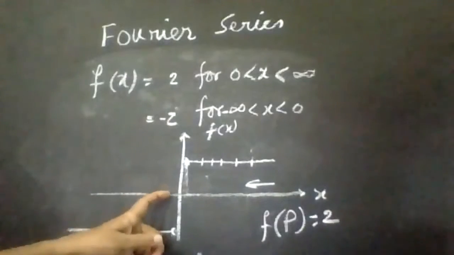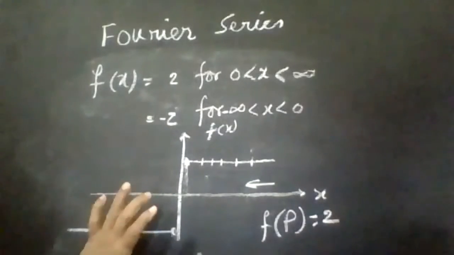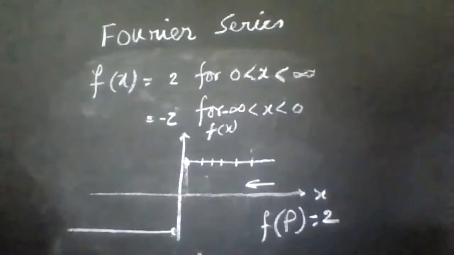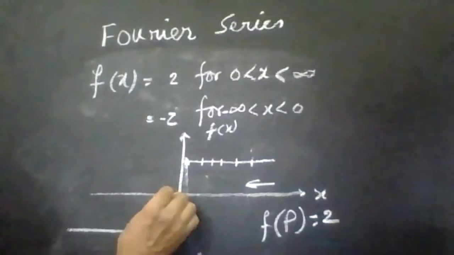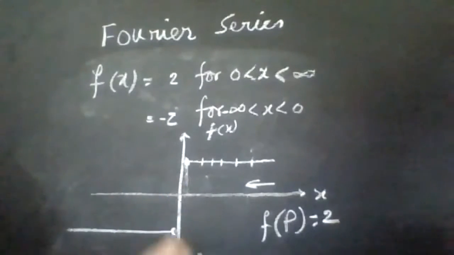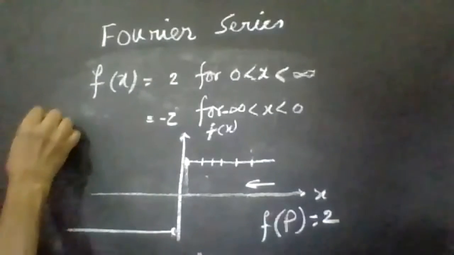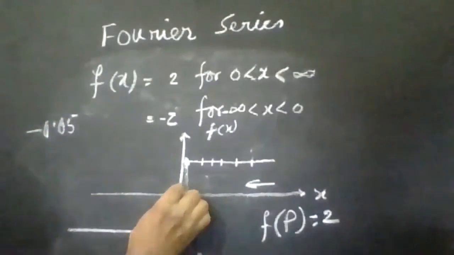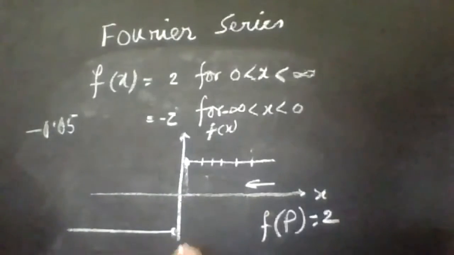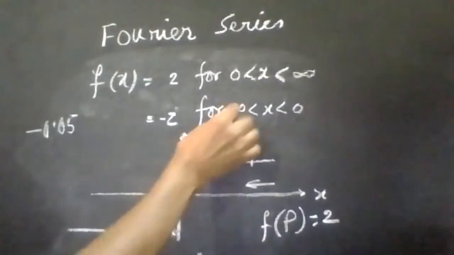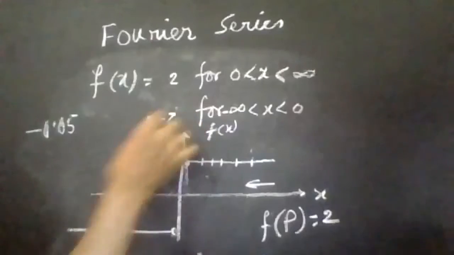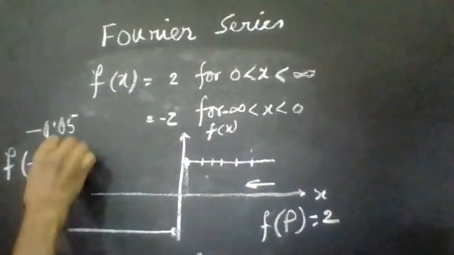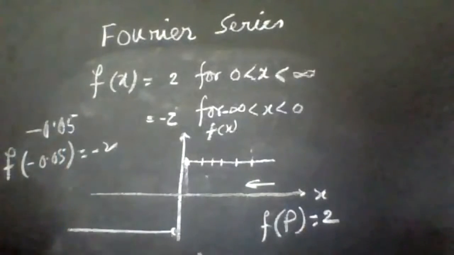Now if I move in the negative direction, then say I am at this point, which is say minus 0.05. Then obviously I am in this position, you will not be able to differentiate. But from this definition I can see that f of minus 0.05 is equal to minus 2.